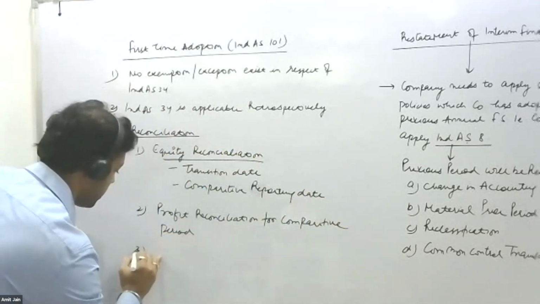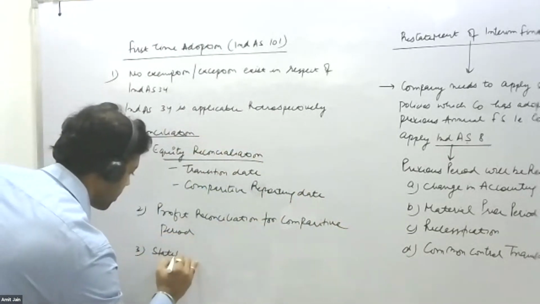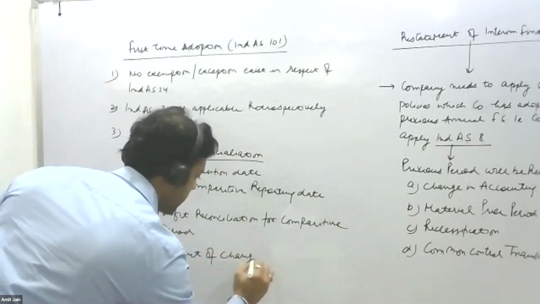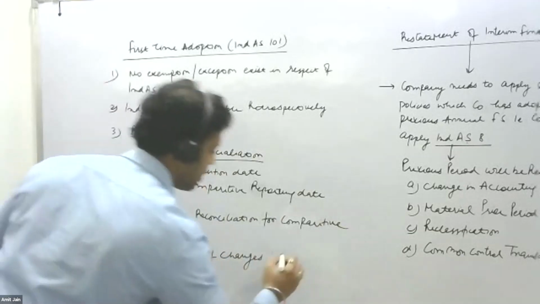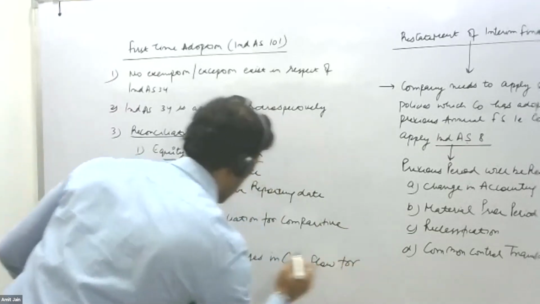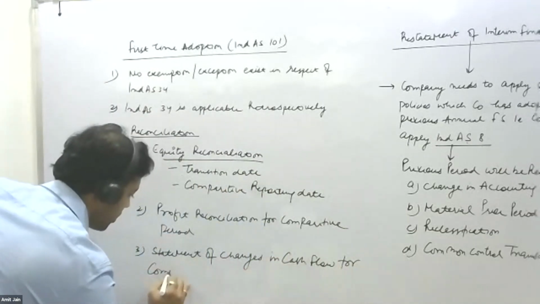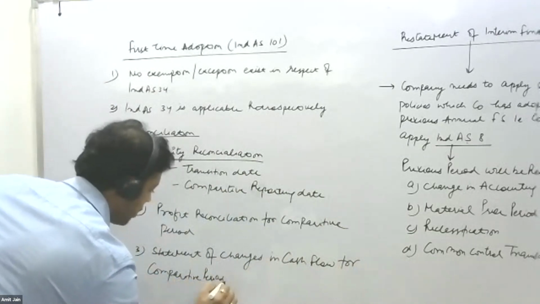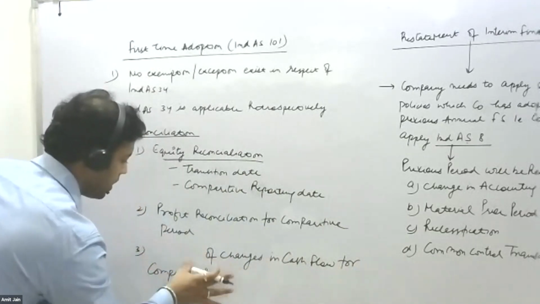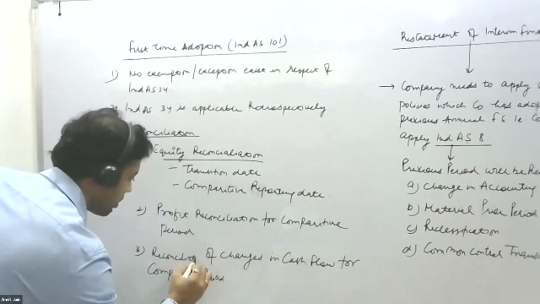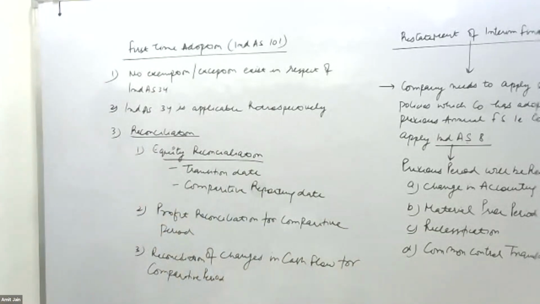And third is reconciliation of cash flow for comparative period. Instead of statement, I should say reconciliation, right? So this will be the guidance.